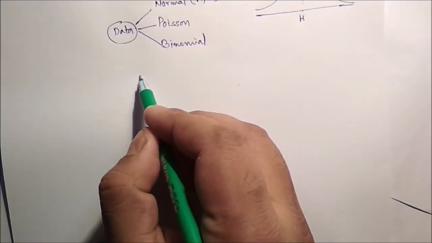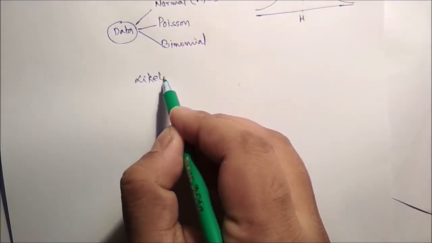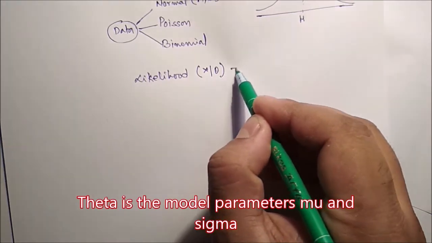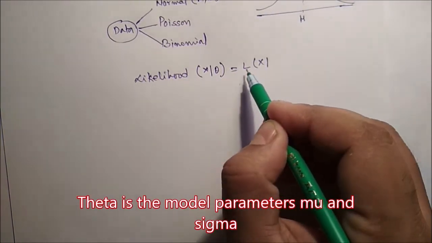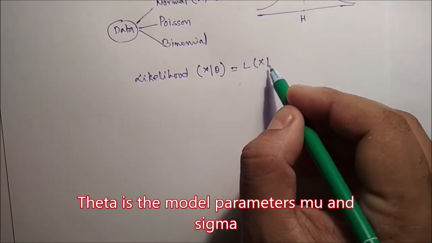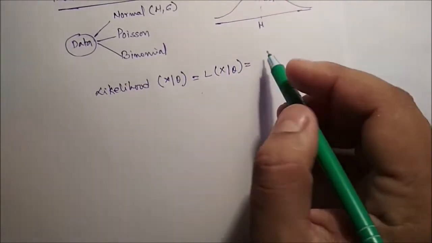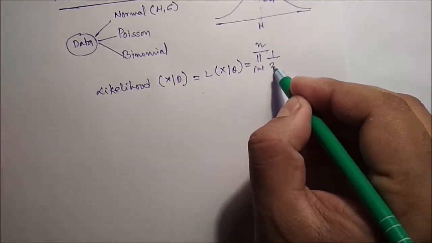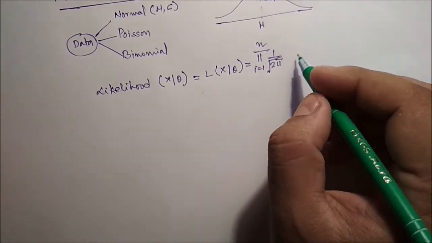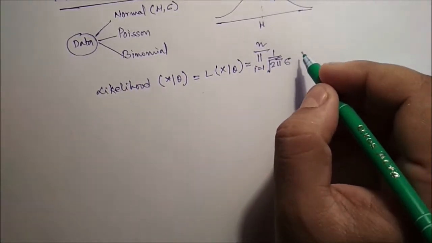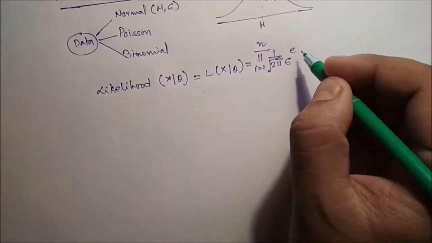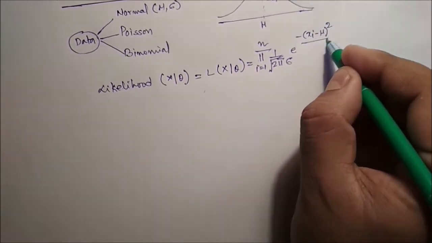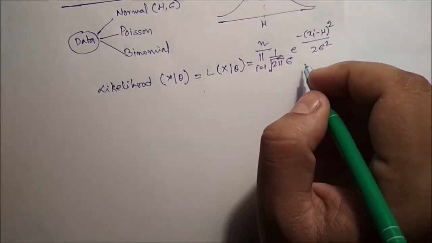Likelihood of x given theta, that means in short, likelihood of x given theta.